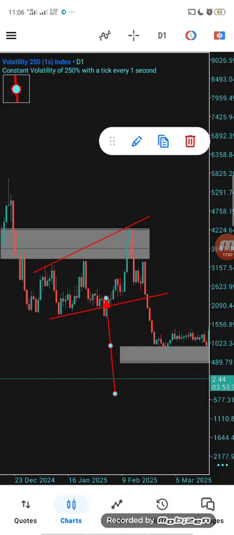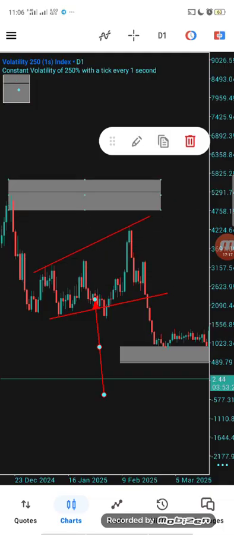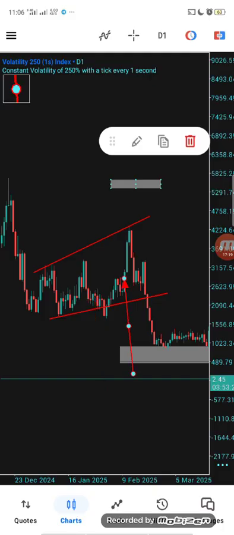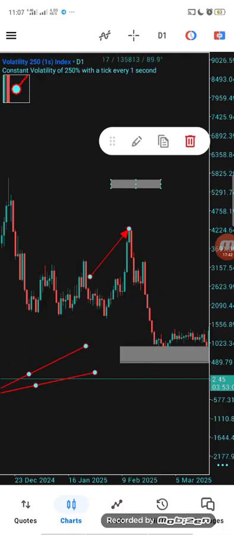And if you're a person, this market wants you to be just an observant person. Even if you look here, we have something we call the QM, the Quasimodo, and also what we can call the head and shoulders pattern. If you look here to the left, we have the left shoulder, the head, and the right shoulder. What you do is this. Let me first remove these ones and put them aside.